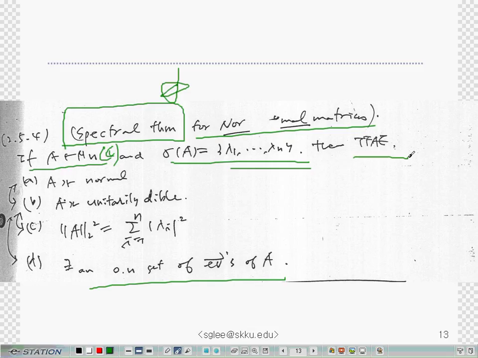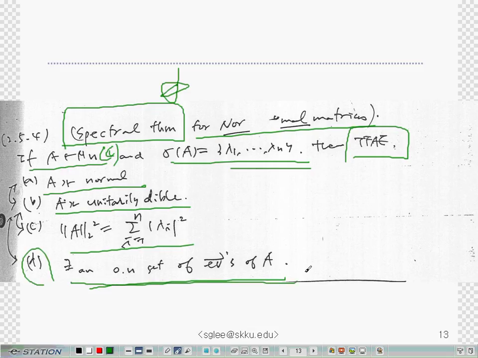The following are equivalent: A is normal; A is unitarily diagonalizable; the square of the two norm is the summation of the squares of the absolute values of the eigenvalues; and there exists an ON set of eigenvectors of A. They are all equivalent.